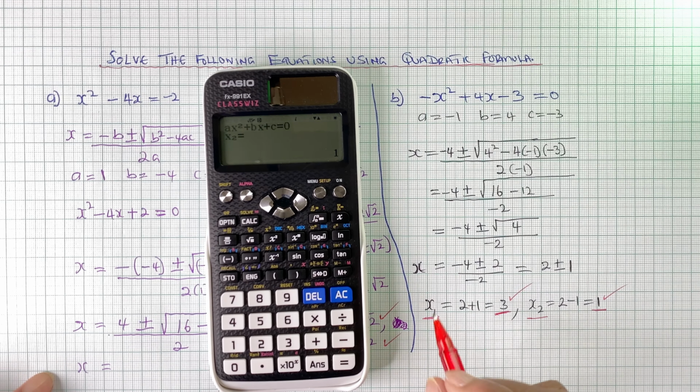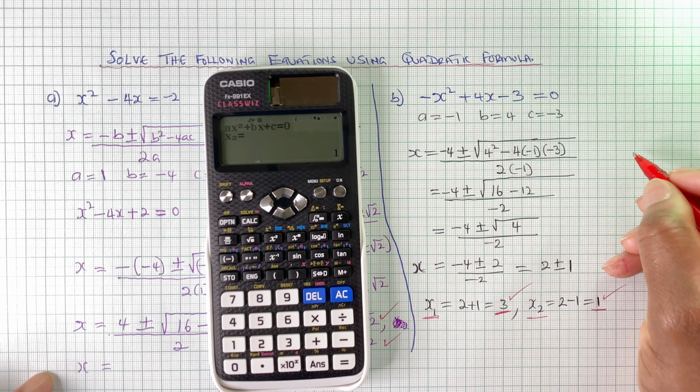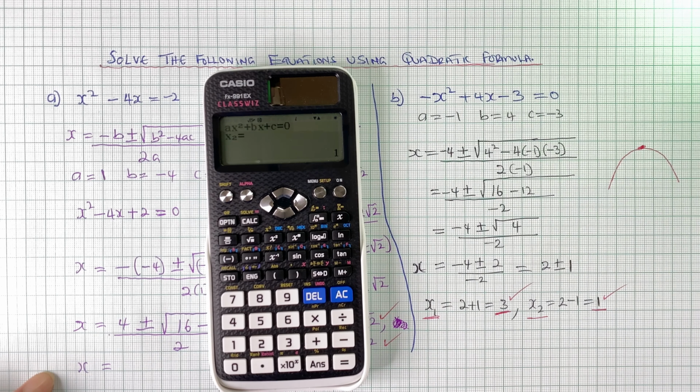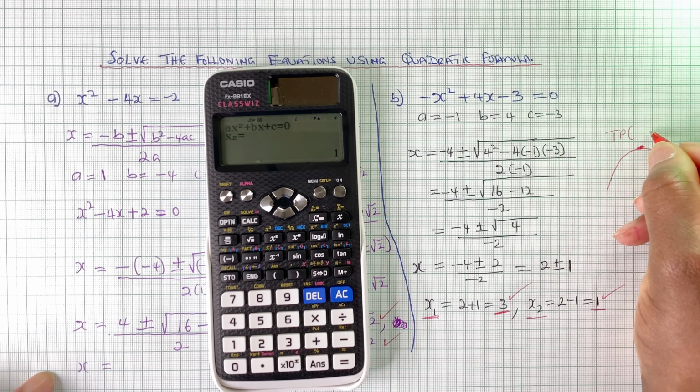Now you want to find the position, because A is negative here, the curve is going to be a maximum. So maximum, and this will give you the turning point. The turning point here, TP, is going to give you the coordinates.